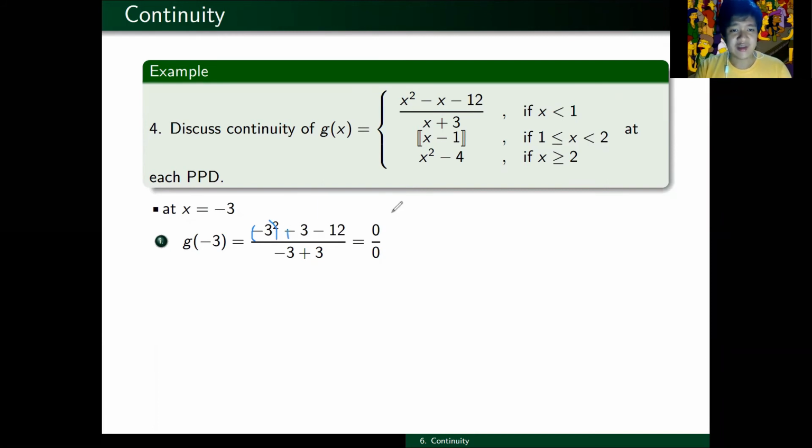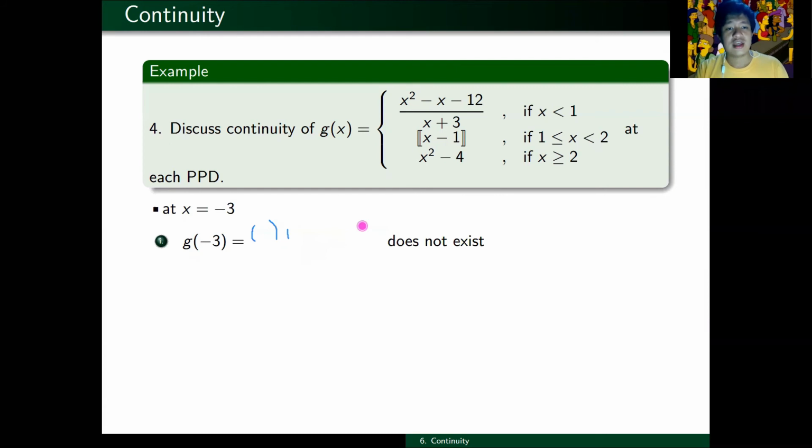Ito pala ay plus 3. Minus -3. So that's plus 3. Okay? Yeah. Okay. So, you get 0 over 0. Well, ang point naman natin dyan ay undefined, no? Yung function value at x equals -3. Okay? Good. Next.